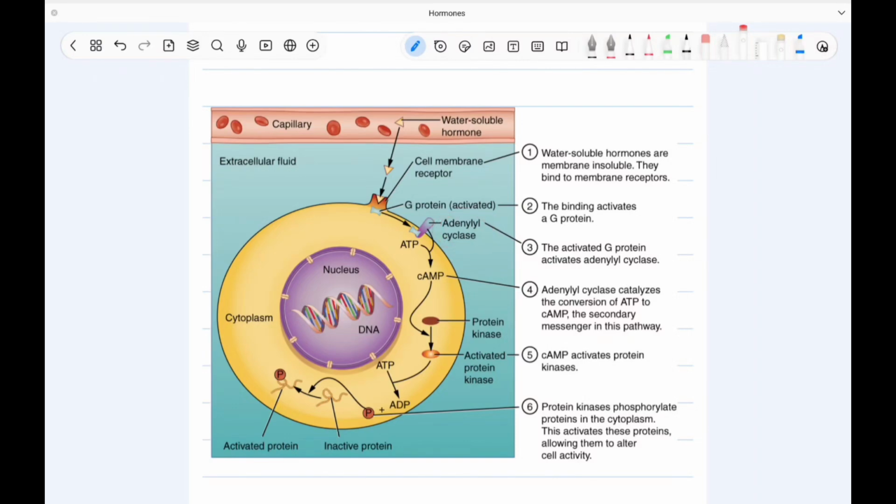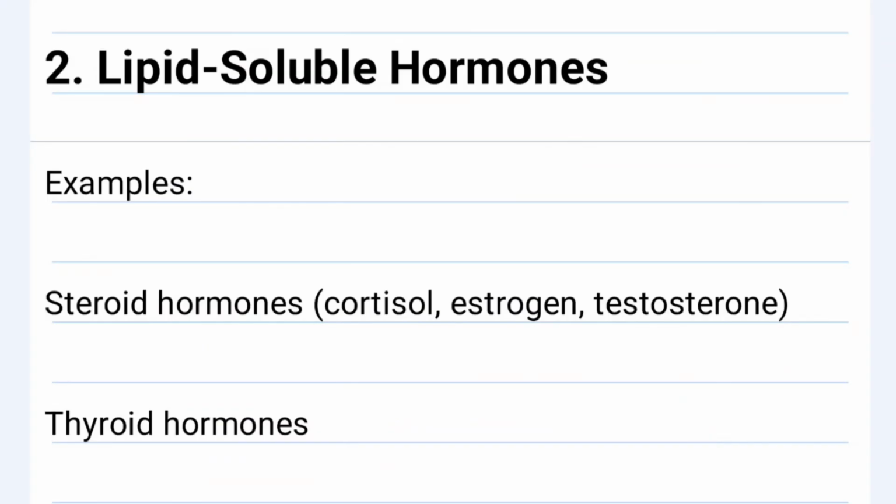Now the adenylyl cyclase catalyzes the conversion of ATP to cAMP. Here the cAMP is the secondary messenger. Now the cAMP activates the protein kinase, which in turn phosphorylates the inactive protein present in the cell. Now the protein gets activated, and the activated proteins alter the cell activity.